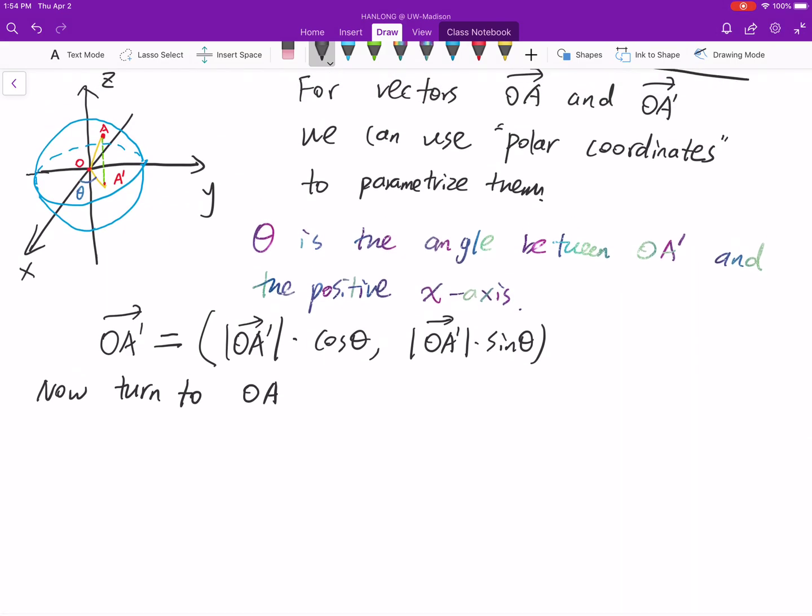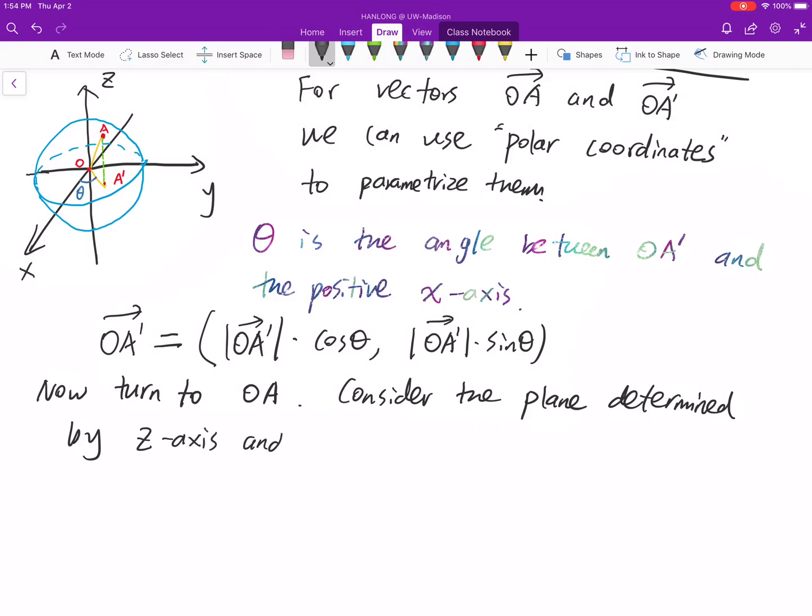Here, instead of projecting to the xz, yz, or xy plane, we consider the plane determined by the z-axis and OA. In other words, now we are considering this plane.